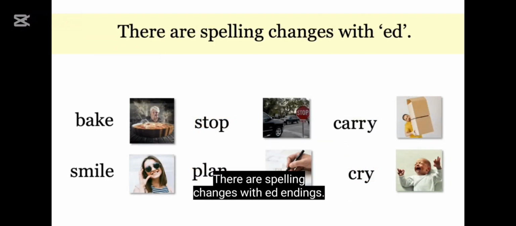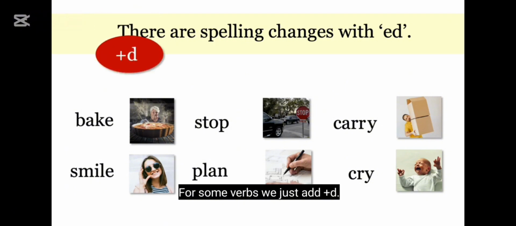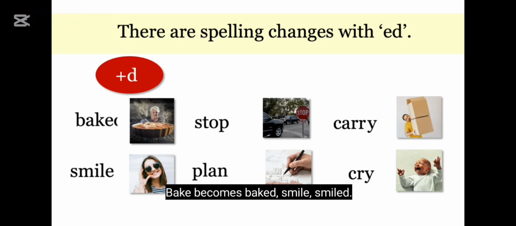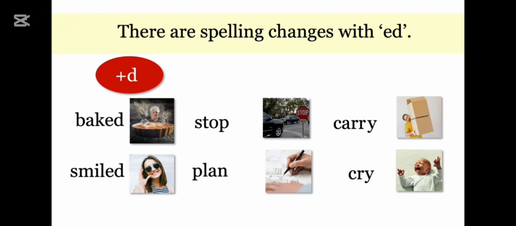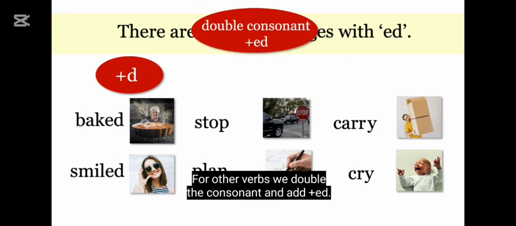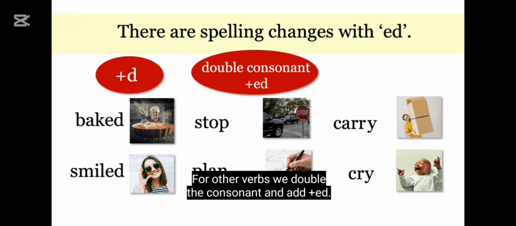There are spelling changes with ed endings. For some verbs, we just add d. Bake becomes baked. Smile, smiled. For other verbs, we double the consonant and add ed.